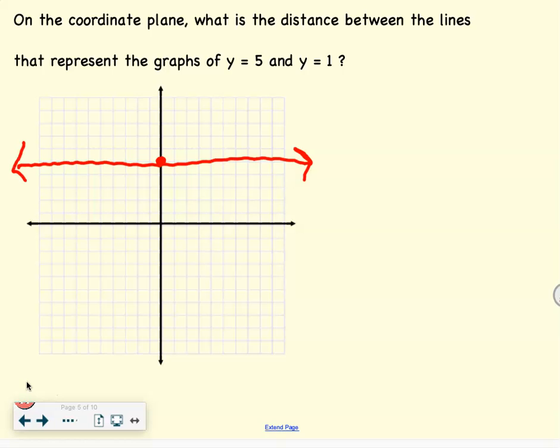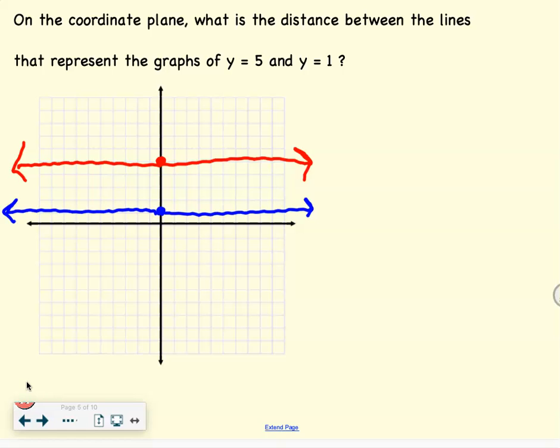So graph that. And y equals 1. Go to 1. Draw your horizontal line. So now what's the distance between these two? That's pretty obvious, right?